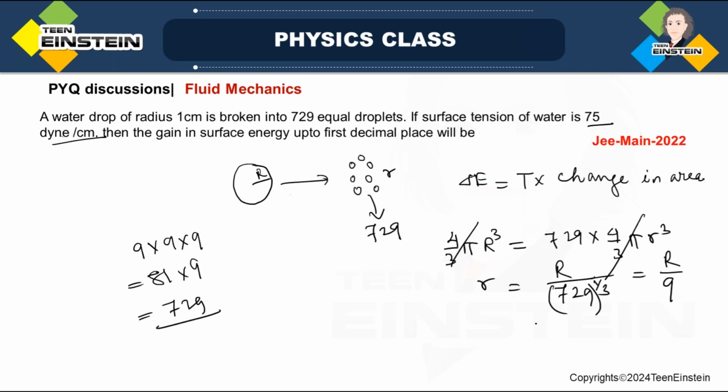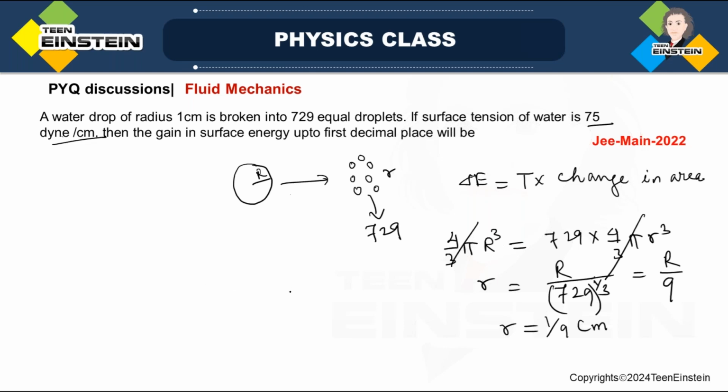Let me keep this as centimeter. So r will be 1 over 9 centimeter. So, students, I have got the radius of each of these smaller droplets. Now I have to find out what is the gain in area.